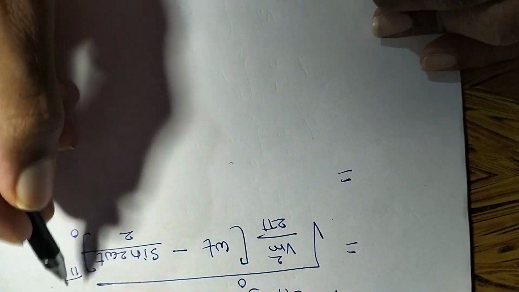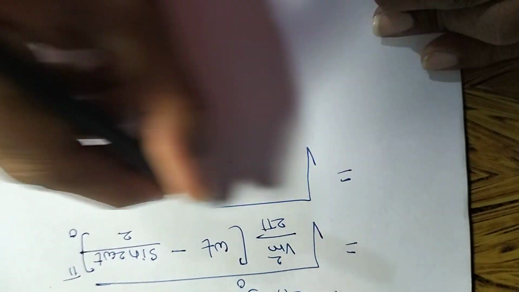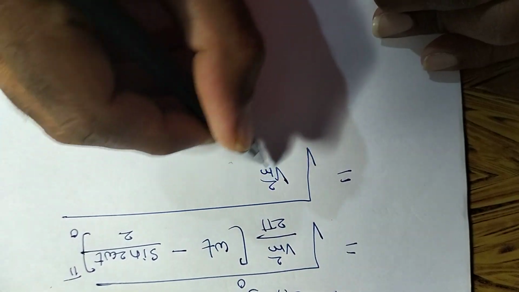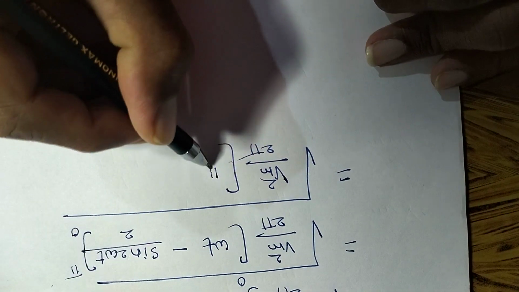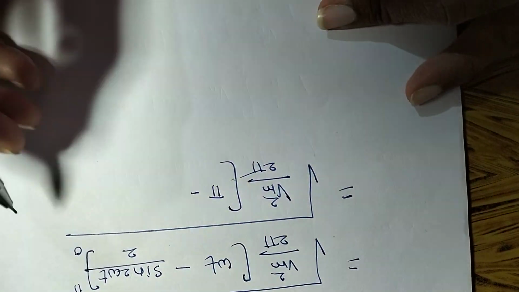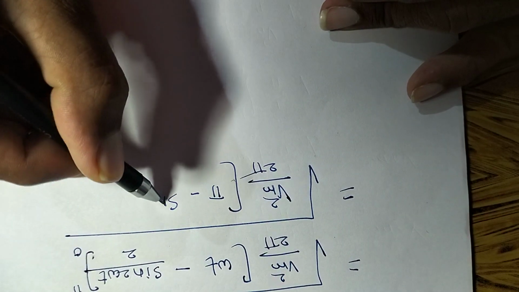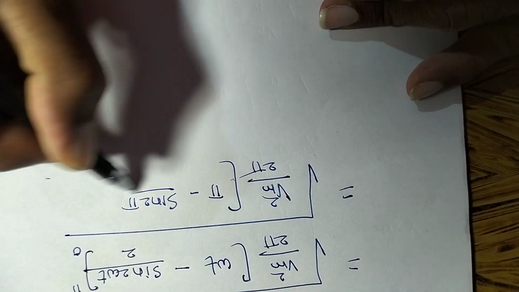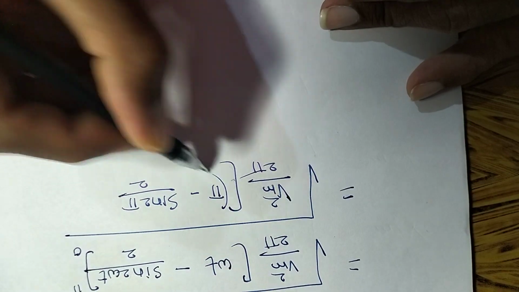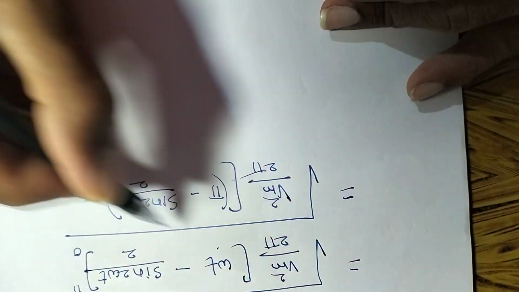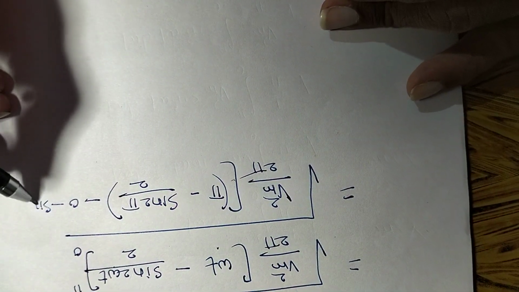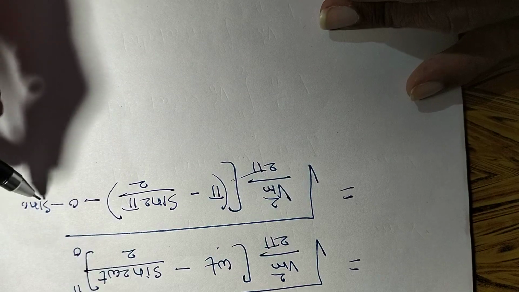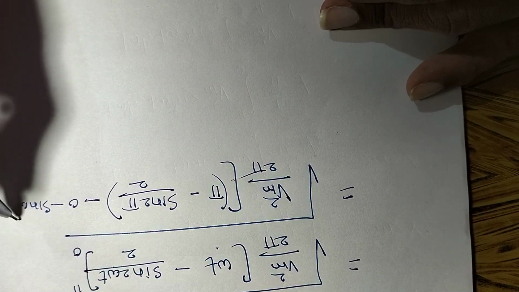After integration, you substitute upper limit minus lower limit. The upper limit is pi minus sin 2 pi divided by 2, minus 0 minus 0. Sin 2 pi is nothing but 0, so this total is 0.